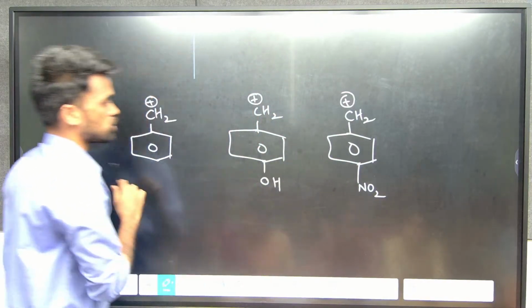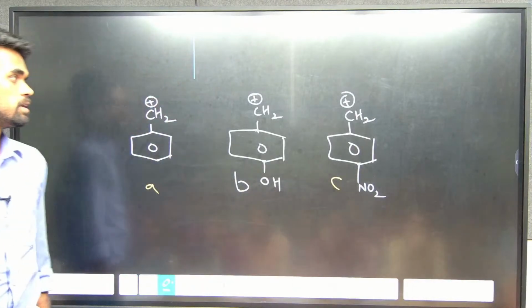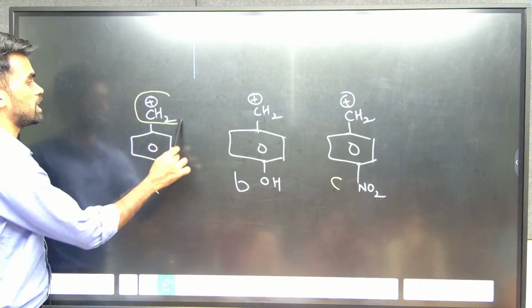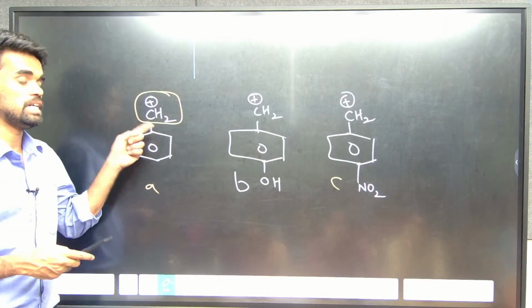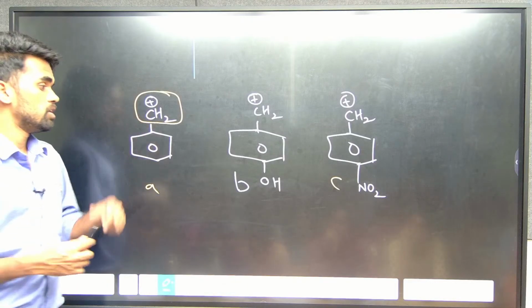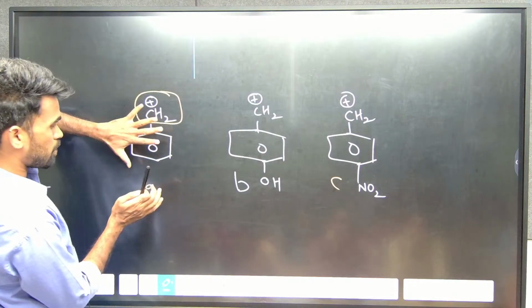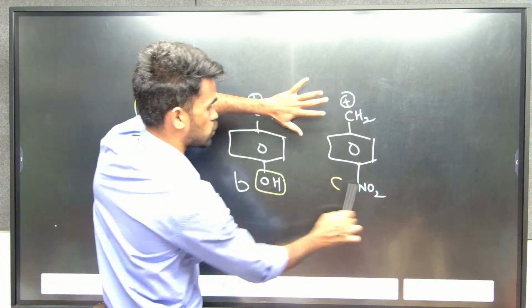First, carbocations mean electron deficient or electron rich? If they are deficient, what type of groups will stabilize them? Now, the phenyl ring is proper; extra here we have an OH group, here NO2.